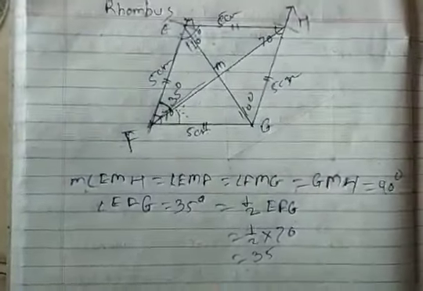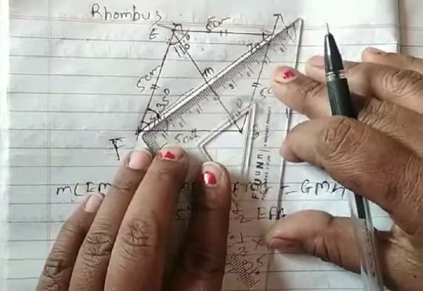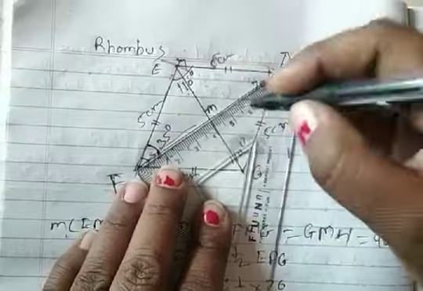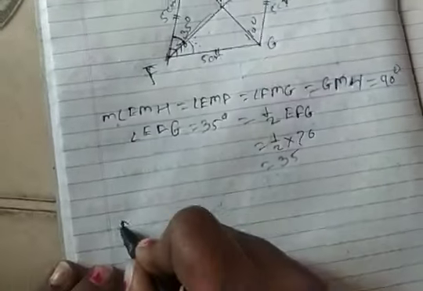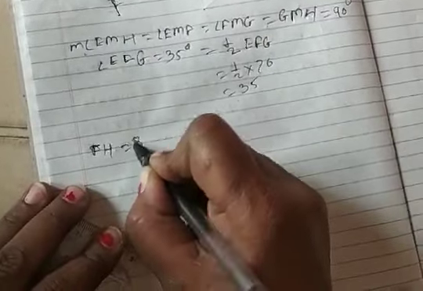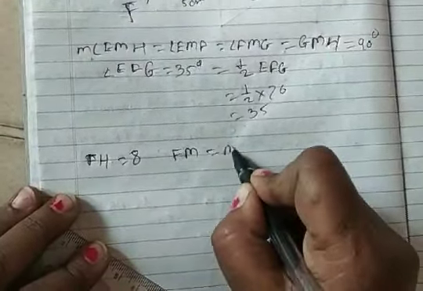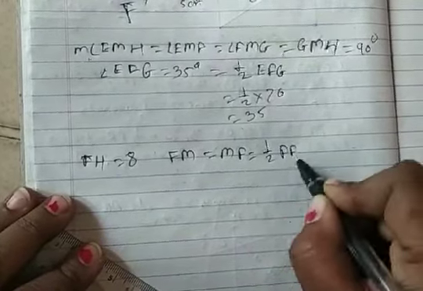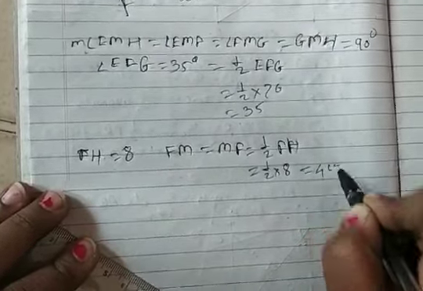Now if you see here, the measure of FH is how much? 8 centimeter, and M is exactly at the midpoint, so FM is equal to MH is equal to half of FH, which is half of 8, equal to 4 centimeter.